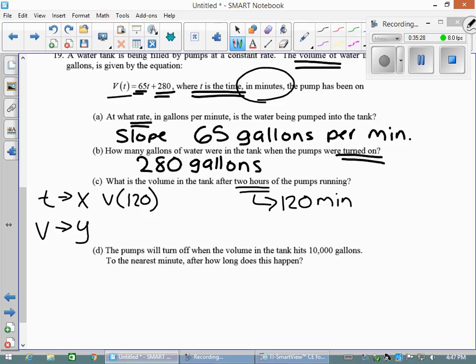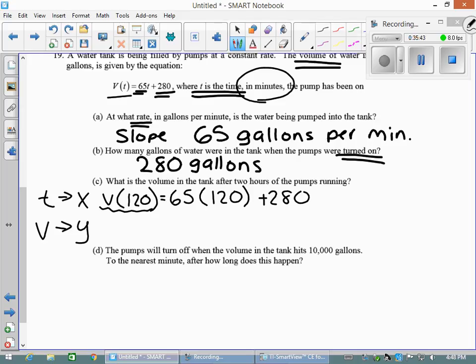Now this part is just our function notation. We don't actually have to solve anything there. This is just telling me that I am plugging in my input of 120 to see what the volume is going to be. So what we do actually have to solve is this right side of our equation.